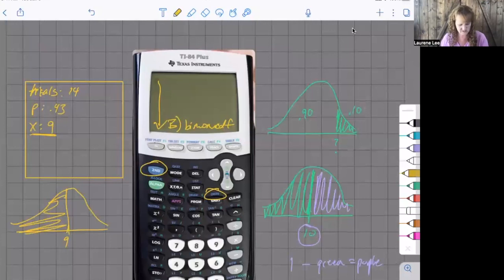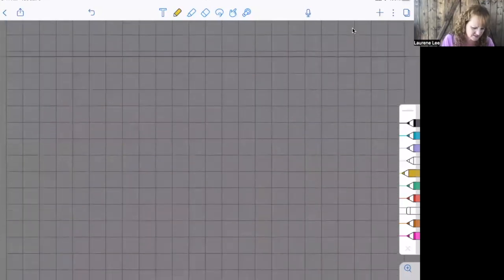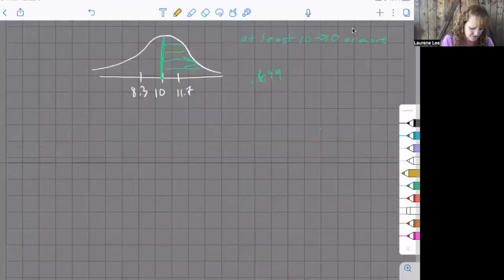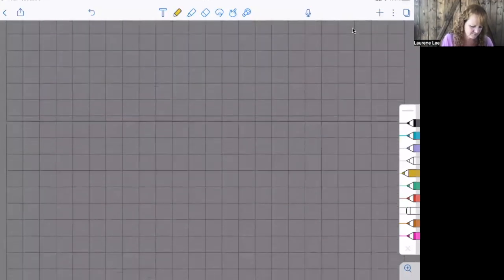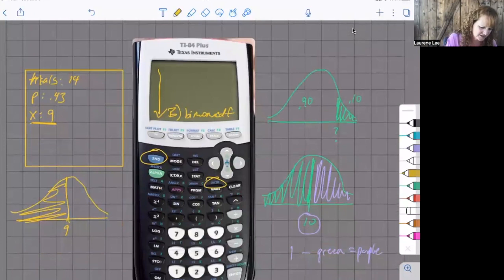Wait, sorry, 14. Oh, I have a typo here. Sorry, it's not 0.43. It's 14 and 0.72. Sorry about that. Let's change that. Hang with me.